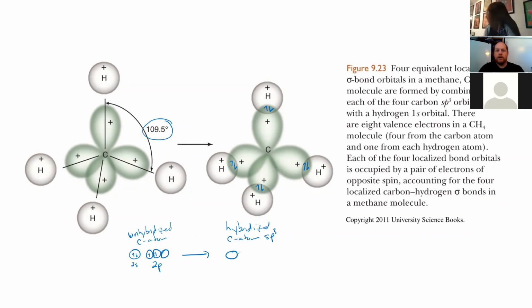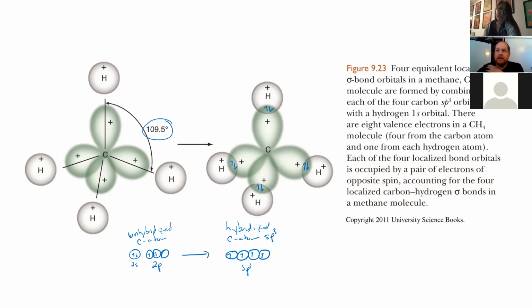All 4 of those orbitals are going to be sp3 hybrids. And so this is showing you the picture of the carbon atom in its hybridized state, in the same way that we did the box diagrams back in chapter 7 for the electron configurations.